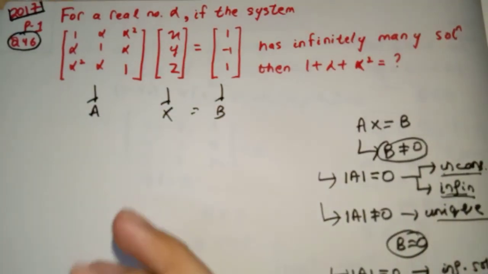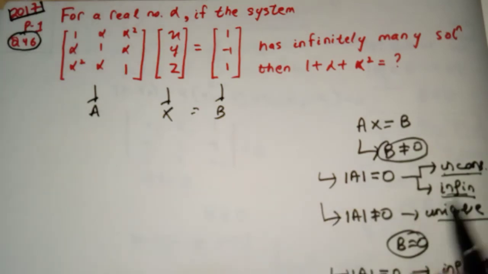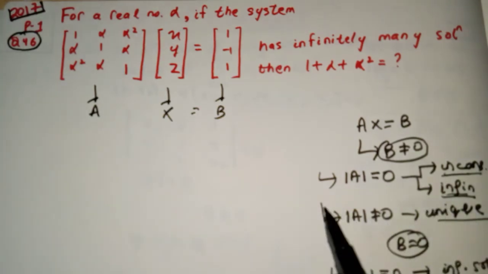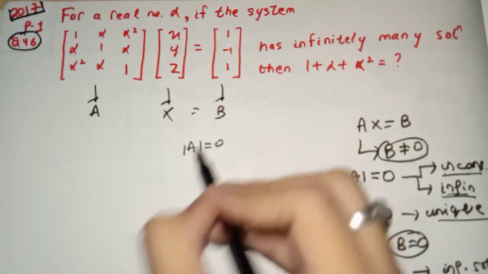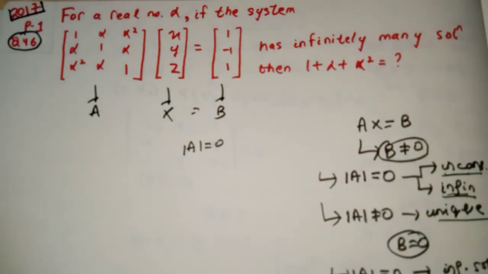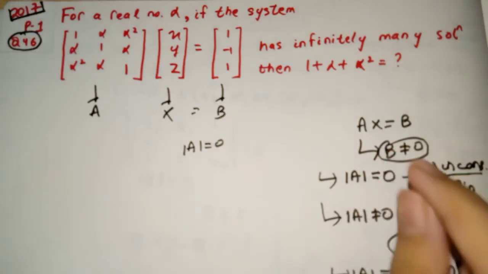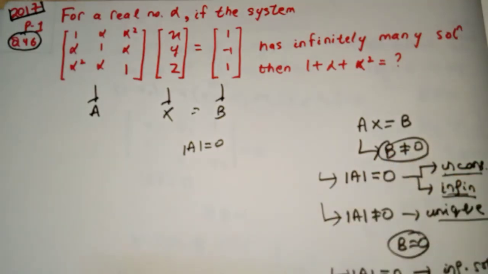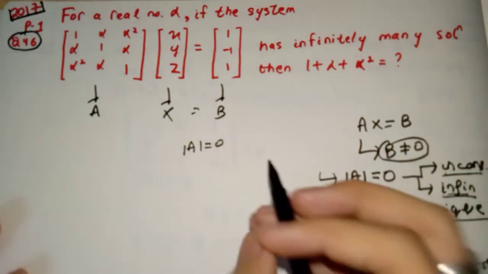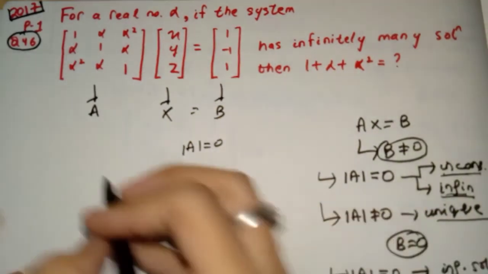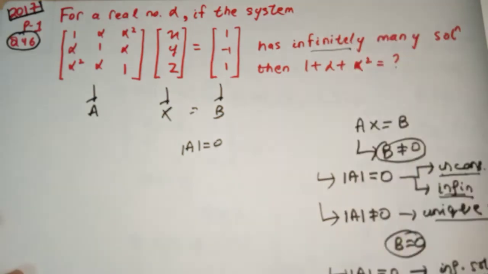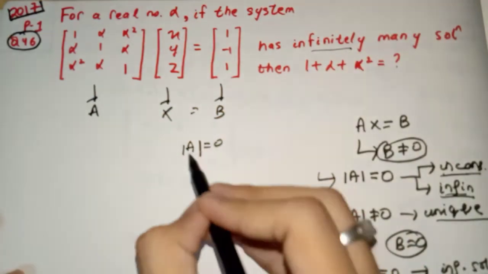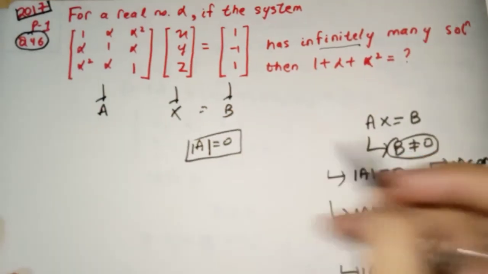See guys, if b is not equal to 0 and the system has infinite solutions, then it's compulsory for mod A to be 0. But if mod A is equal to 0, it's not compulsory for the system to have infinite solutions. It's one way only. Okay, I think it's clear now. So since the system has infinitely many solutions, we are sure that mod A is 0 compulsorily. Now let's find mod A.